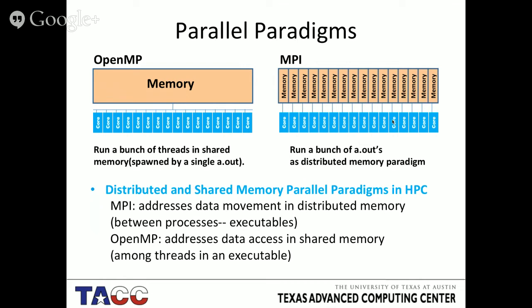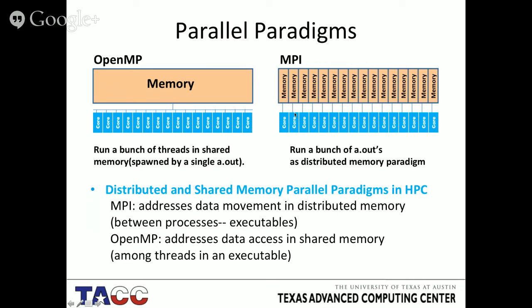These different processes on a node will execute on the different cores. With 16 cores on a node, you ask for 16 tasks, you get 16 processes running there. Those processes are running in their own memory environment. Each task has its own address space, and that's the only memory it can access.